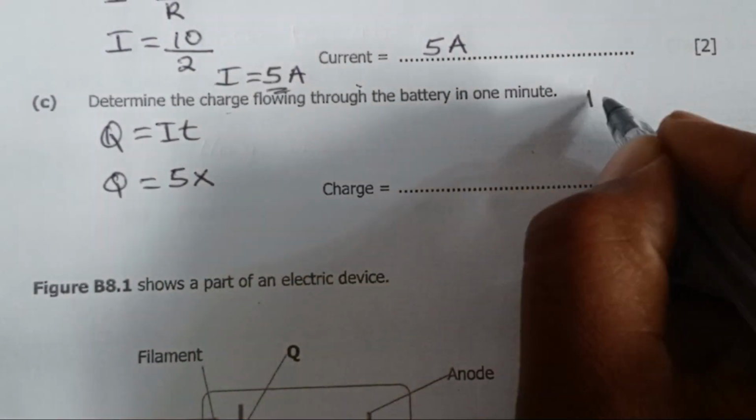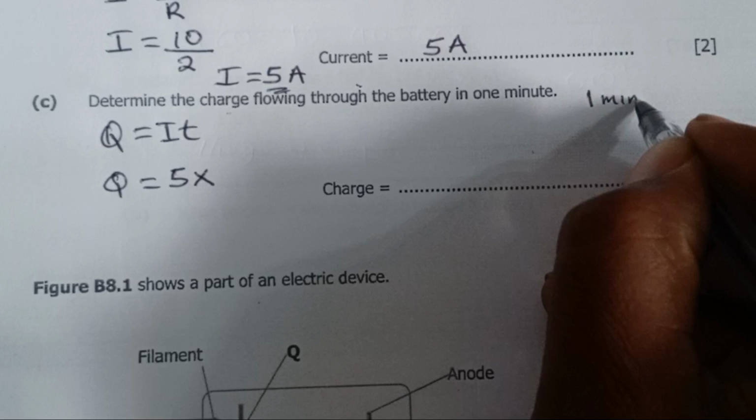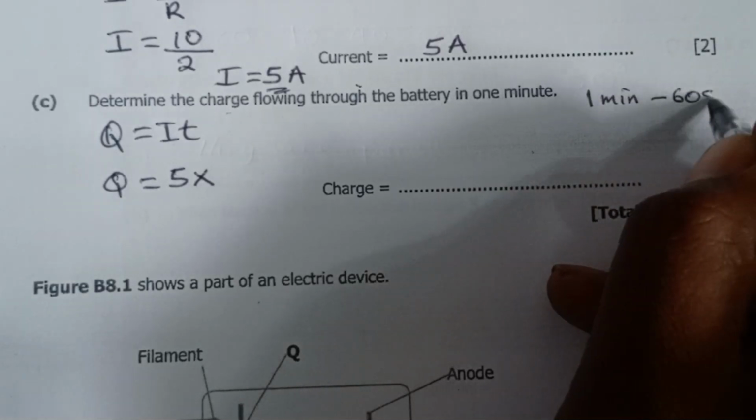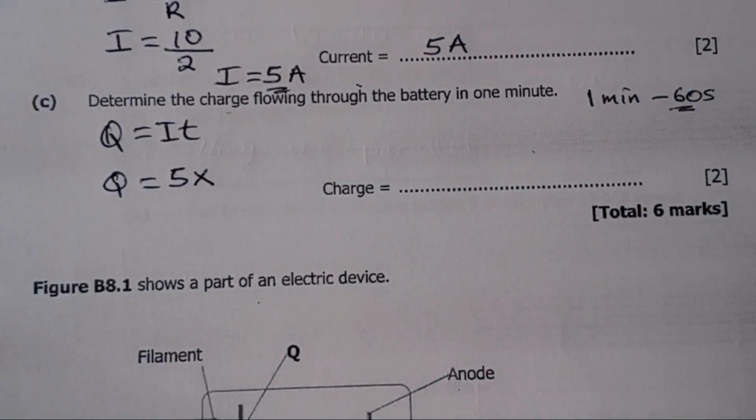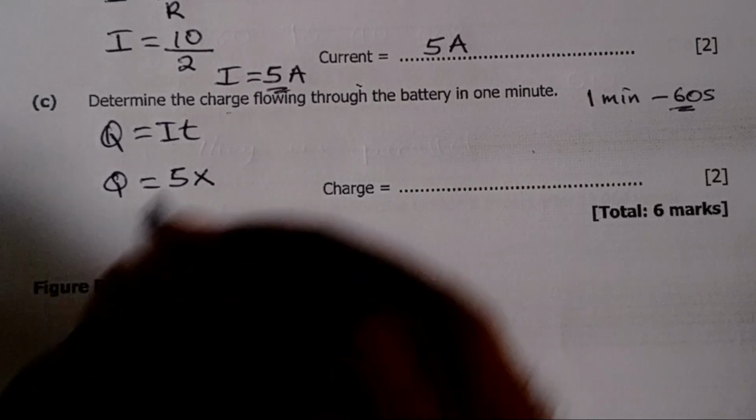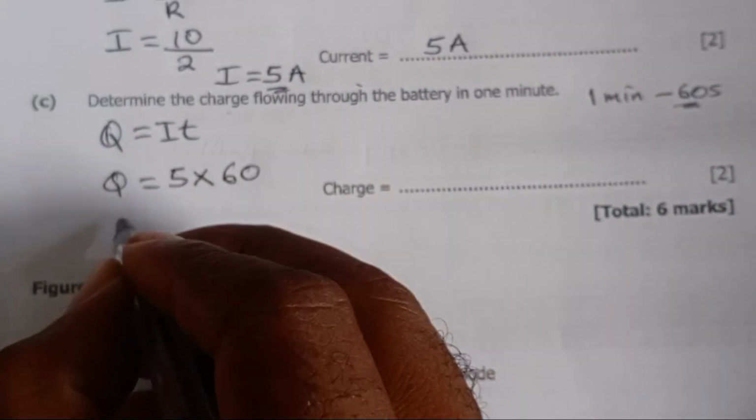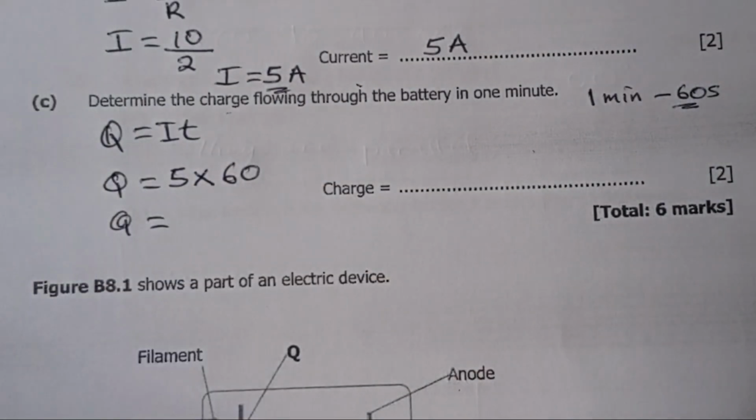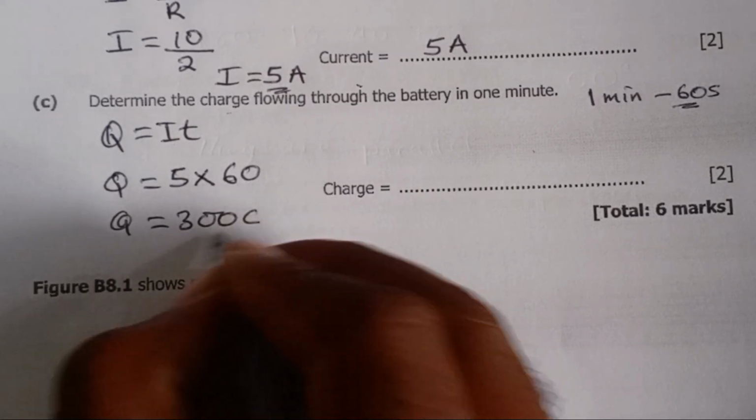So 1 minute is equal to 60 seconds. So you have to ensure that your time is in seconds. So times 60. So charge is equal to 300 coulombs.